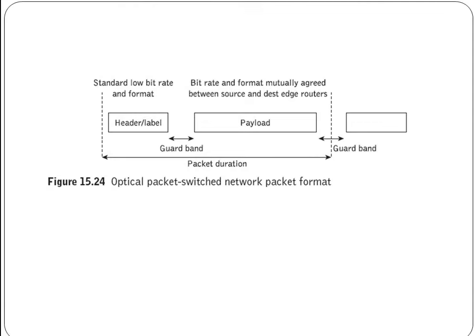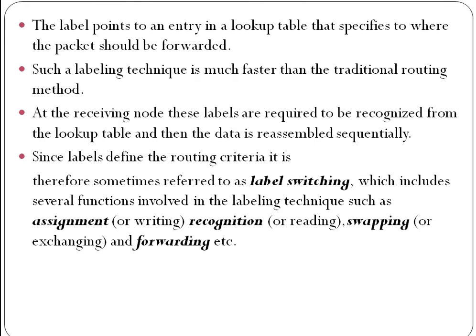The label points to an entry in a lookup table that specifies to where the packet should be forwarded. Such a labeling technique is much faster than the traditional routing method. In the traditional routing method, each packet is examined before a forwarding decision is made.